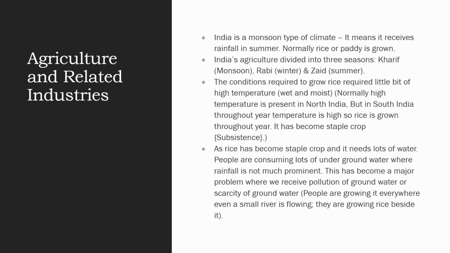As rice has become a staple crop and it needs lots of water, people are consuming lots of underground water where rainfall is not prominent. If you start exploiting the underground water, it will not replenish, and the level of the water will go down. You will observe in summer that your hand pump sometimes does not work.